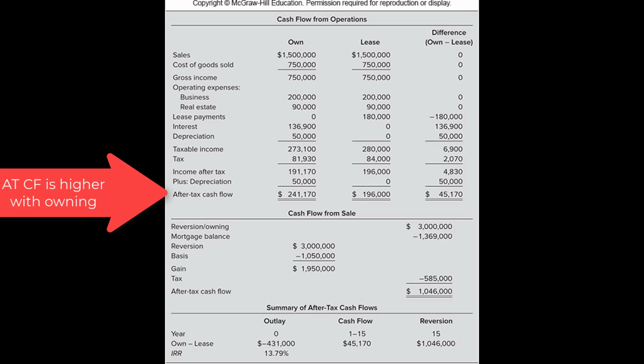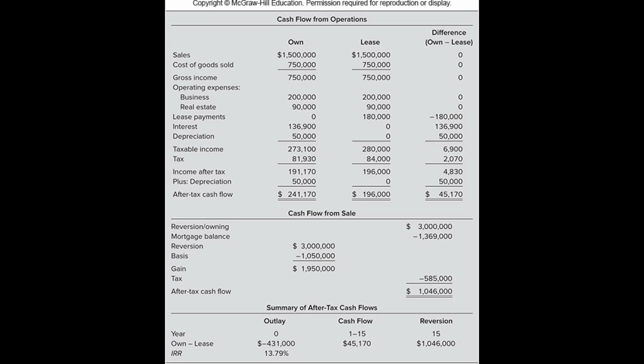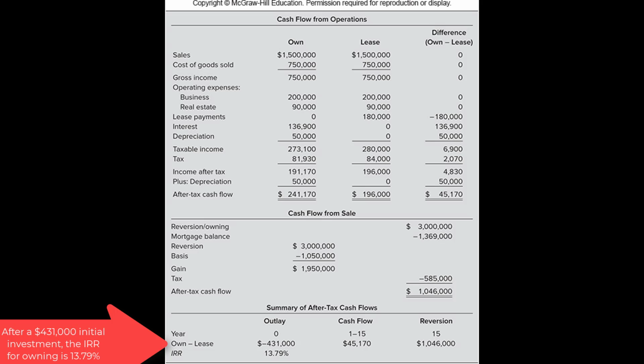And then the cash flow from the sale, of course, that would be if they owned it and then eventually sold it. Those cash flows would include the reversion from owning and then any gain on that sale. And then we could summarize our overall cash flows by just netting out those two sources of cash flows.